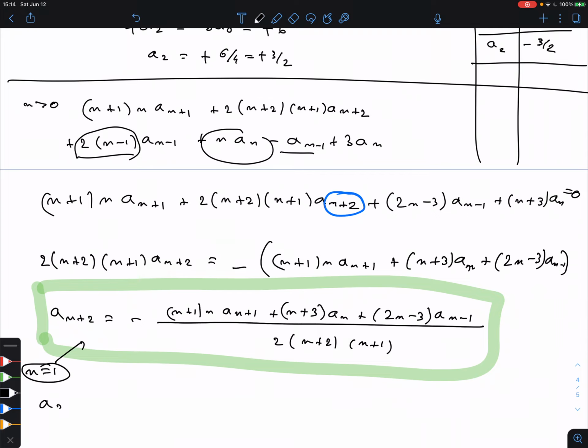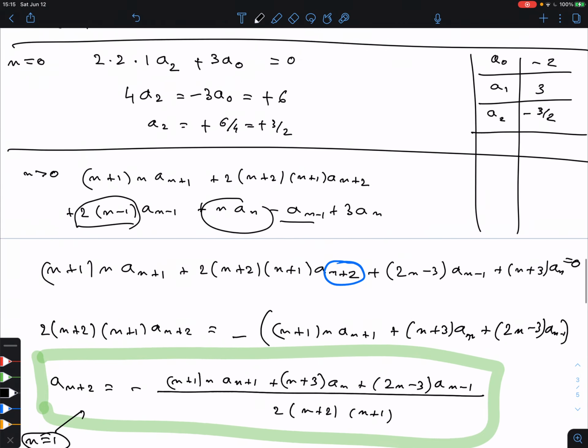which we get from n equals 1 in this formula. So A3 is equal to minus, so what we have if I plug in 1? I get 2 times 1 times A2 plus 4 times A1 plus 2 minus 3 minus A0 over 2 times 3 times 2.